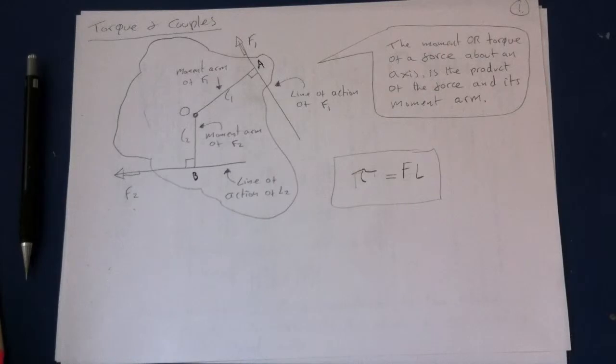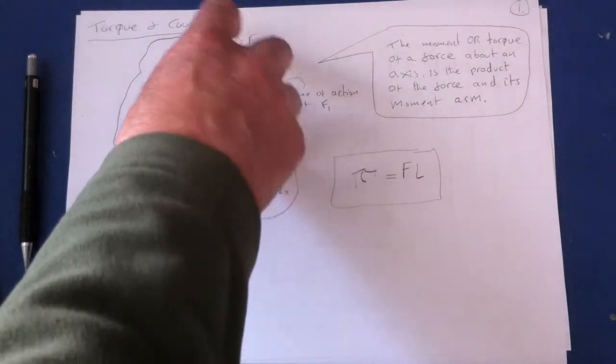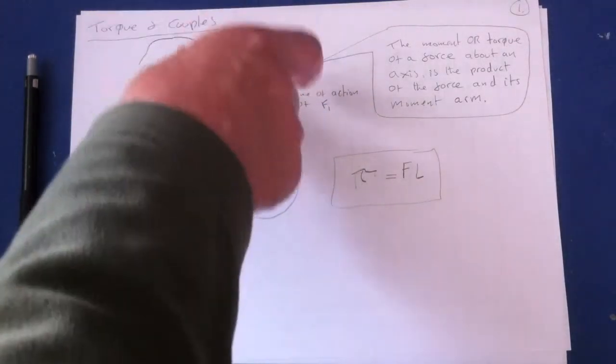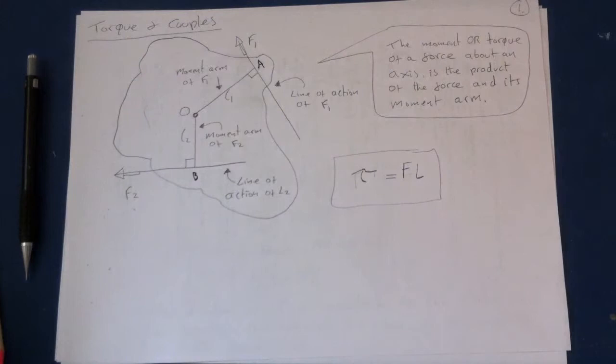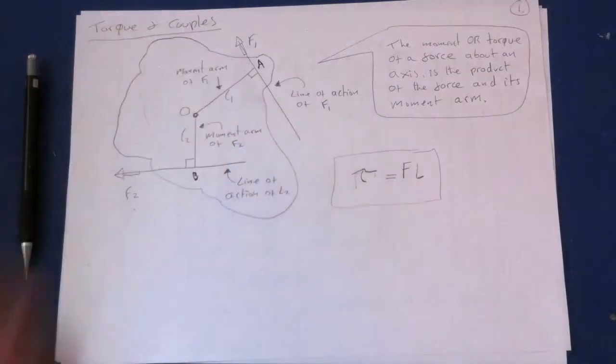To distinguish between the directions of rotation, we will usually use the convention that counterclockwise torques are positive. So when we're going in this direction, we say that's a positive torque, and clockwise torques, going in this direction, we say that's a negative torque.